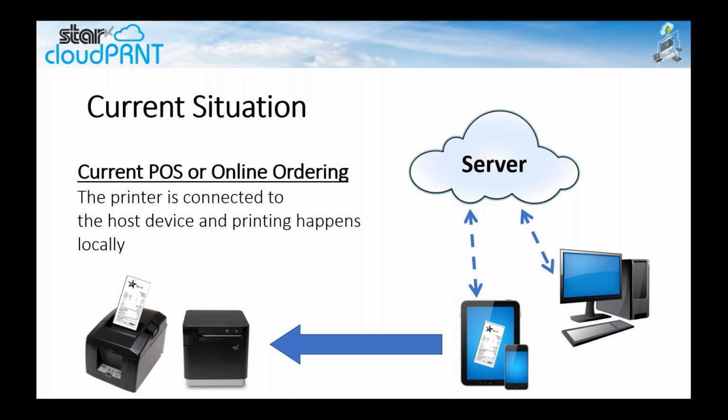The point is today, that local device is communicating to the printer locally. So each device is communicating to the printer, whether it's connected via USB or over the network or Bluetooth. Again, doesn't really matter. So that's the current situation and what most cloud point of sale or online ordering setups look like.